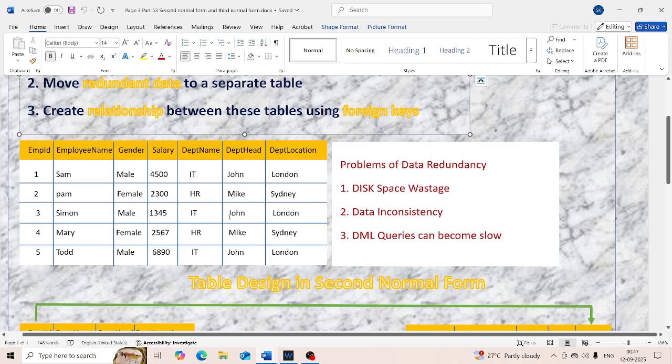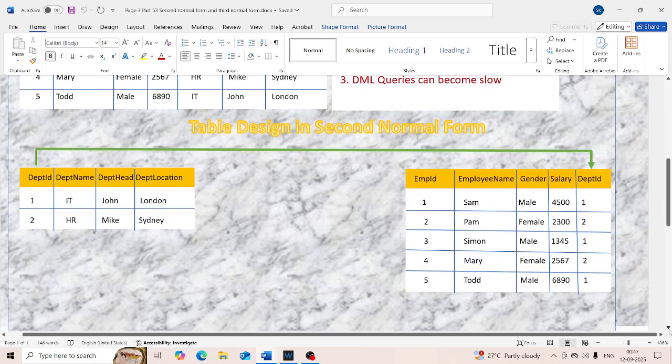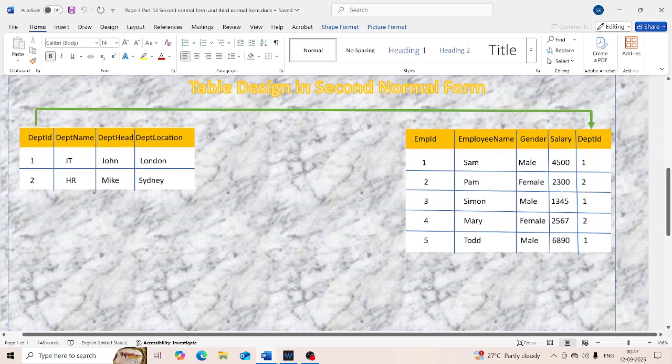One is TBL employee, which is going to store employee details and information.